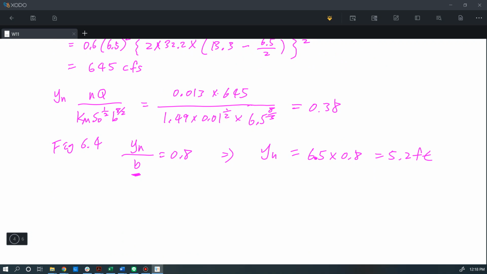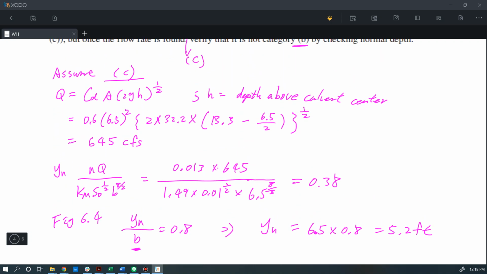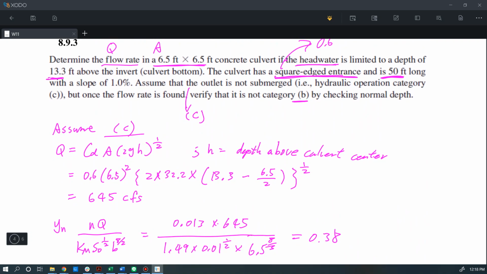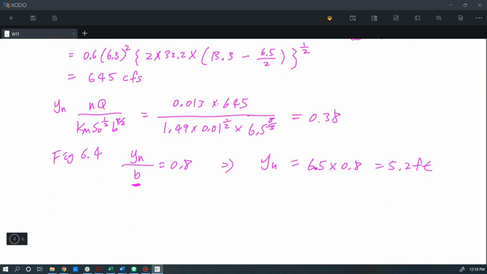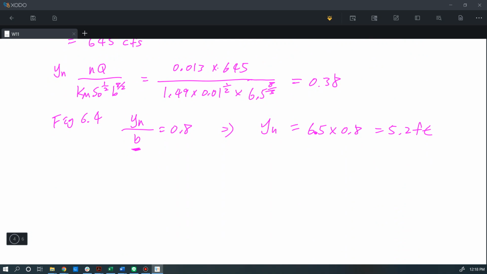So let's check the normal depth and the opening of the culvert. So we show that this normal depth yn, equal to 5.2 feet, is less than 6.5, which is the height.